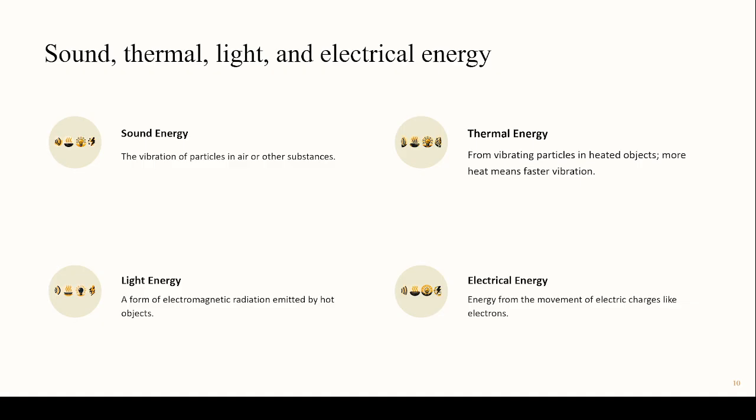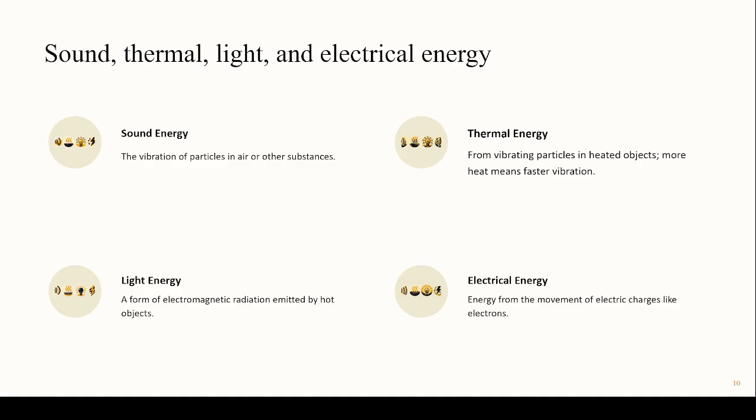So to define them, let's recap. Sound energy is the vibration of particles in air or other substances. Sound can also happen in liquid, though it won't be that prominent. So the vibration of particles in any substance is sound energy.